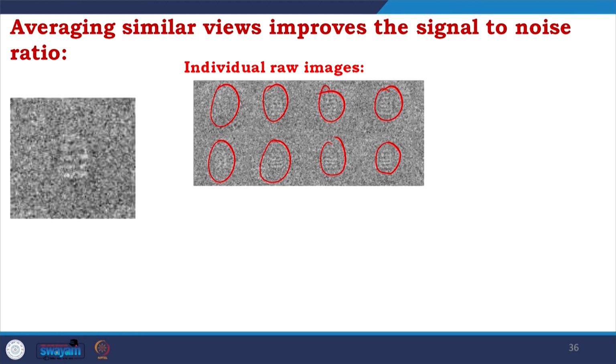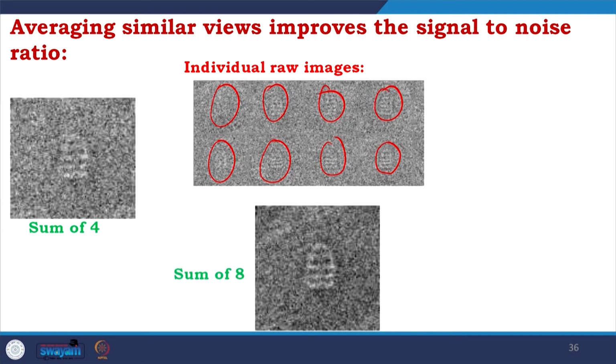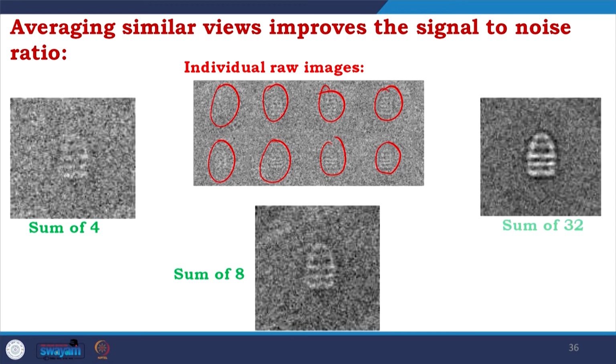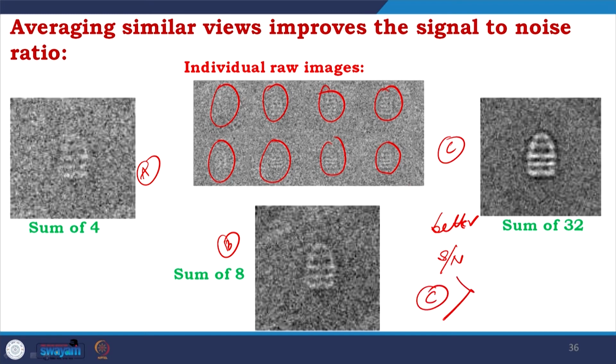Now, if you average, let us say you make a sum of 4, you get a picture like that. A better picture with a sum of 8. So, you get more samples, you get better, and then it is much better with a sum of 32. The more you average, the better signal to noise you get. So, from this scenario to this scenario to this scenario, C is better than B is better than A.